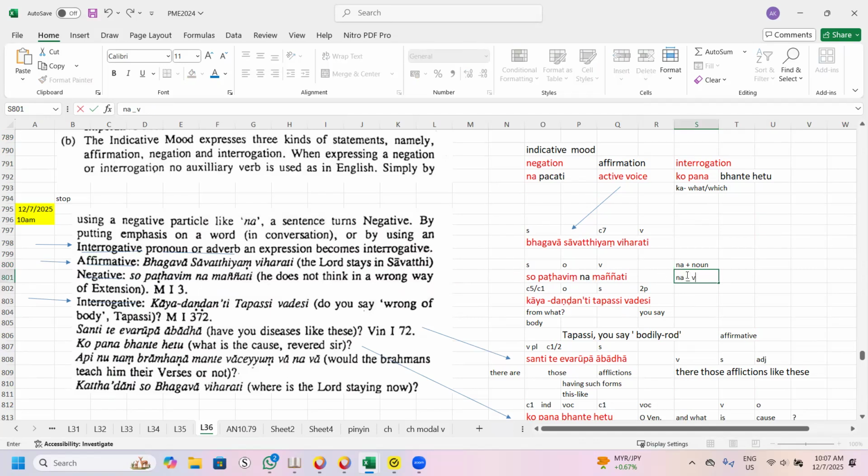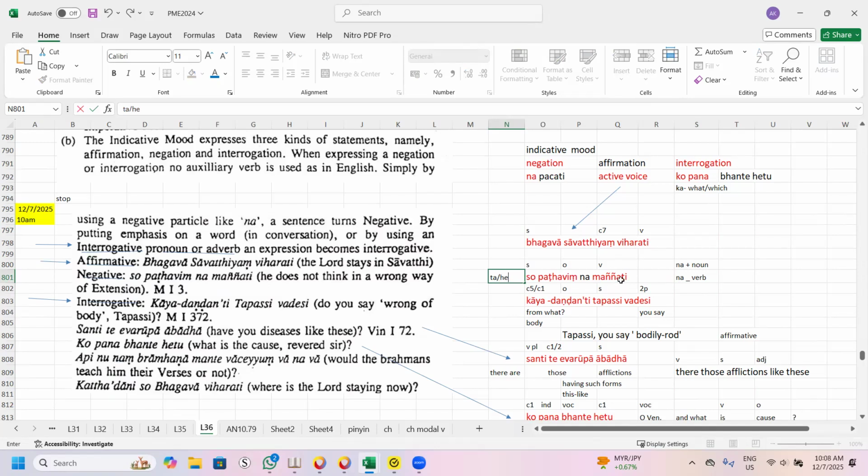With a verb. Okay, in this case you can see it says so pathavim na maññati. So what does this mean? This is a third person. Can you see this one? This is a subject, that, so that, or that. Here the word maññati: that comes from the word ta. If you decline, you get so. That means it becomes he.